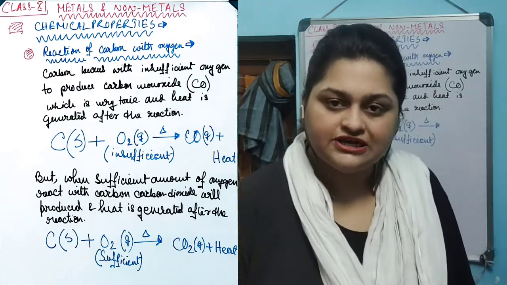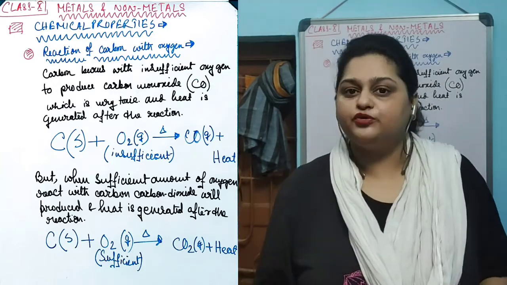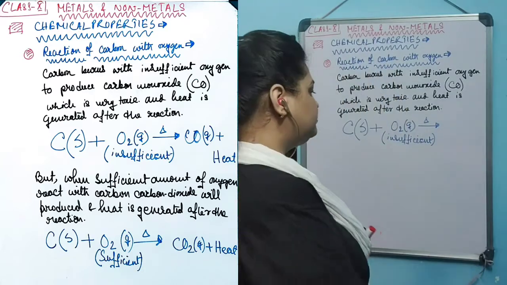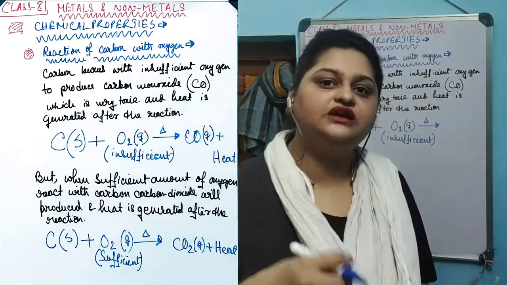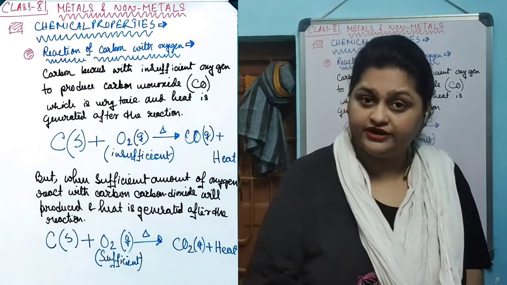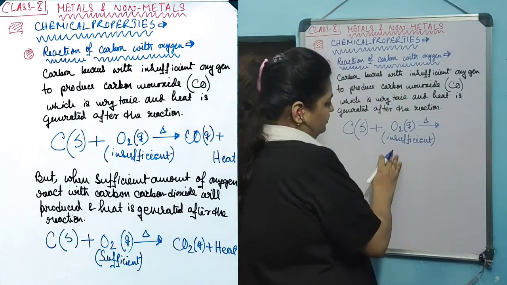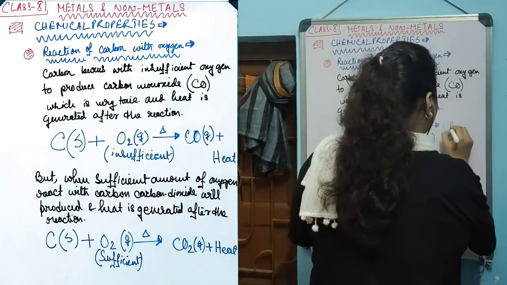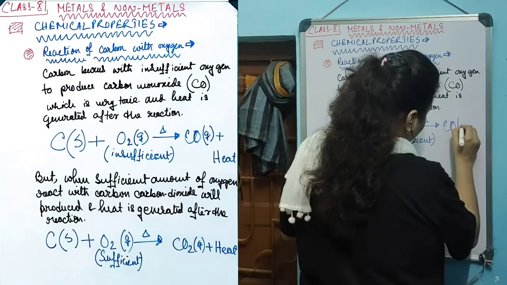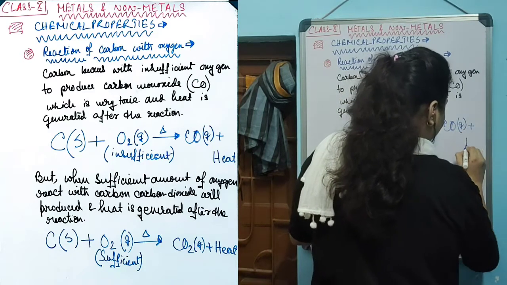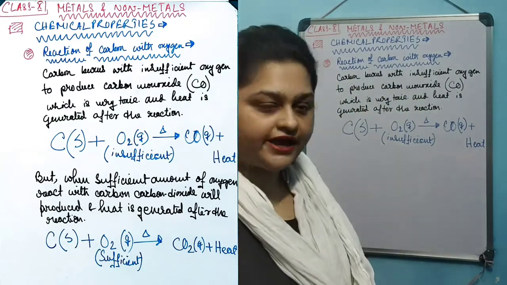If not, the desired reaction may not occur at all, or the desired product will be completely different. In this case, oxygen is taken as insufficient, meaning the carbon needs a certain amount of oxygen to react, and we are providing an insufficient amount. In that case, carbon will react with this insufficient oxygen, carbon monoxide gas will be produced, and heat energy will be generated after this reaction. This is the reaction of carbon.